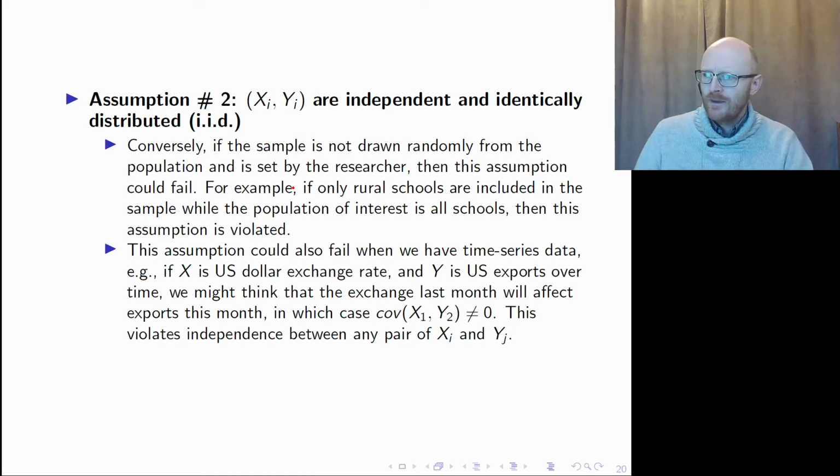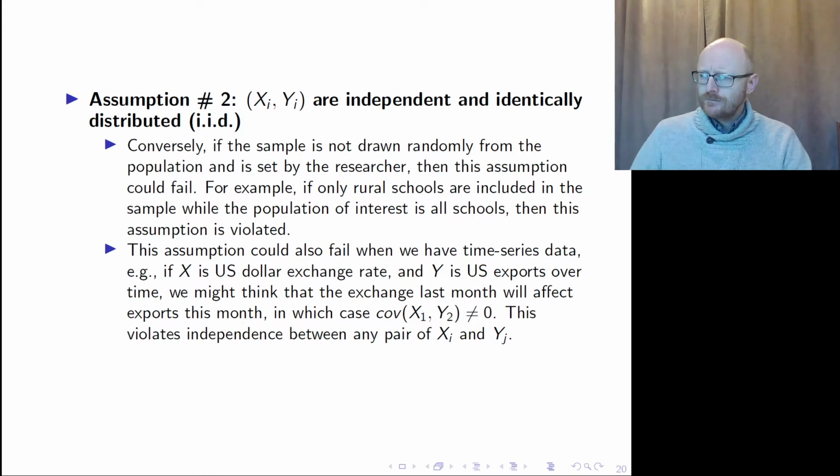For example, if only rural schools are included in the sample while the population of interest is all schools, then this assumption is violated, because you only draw from a subsample of the population. So if the rural schools are somehow different from the non-rural schools, then this assumption is violated.